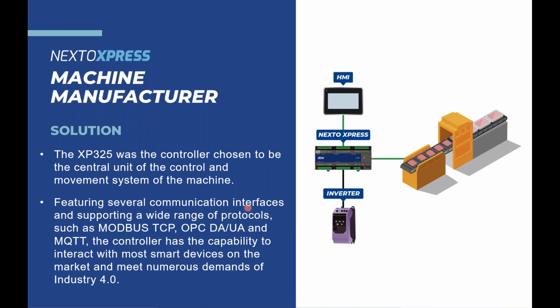It features several communication interfaces and supports a wide range of protocols, such as Modbus TCP. So we are going up with Modbus TCP, OPC DA and OPC UA, and MQTT. They are not exactly using it; it's a possibility for the future. The controller has the capability to interact with most smart devices, and this is something that they are willing to do in the next feature. So bring this machine to Industry 4.0.